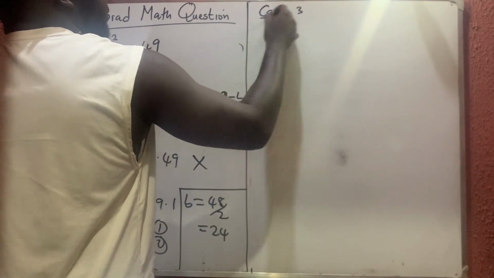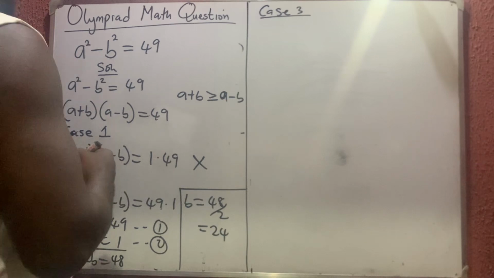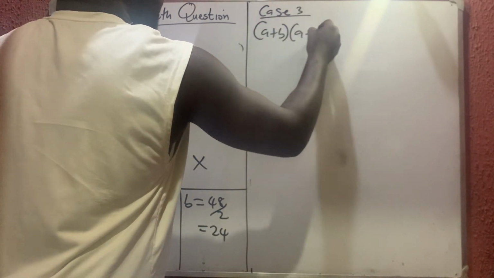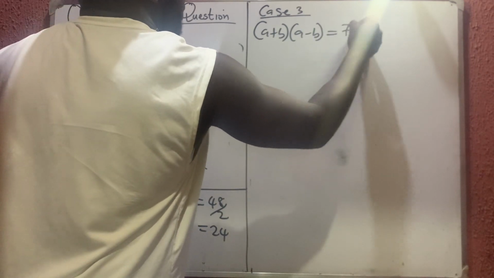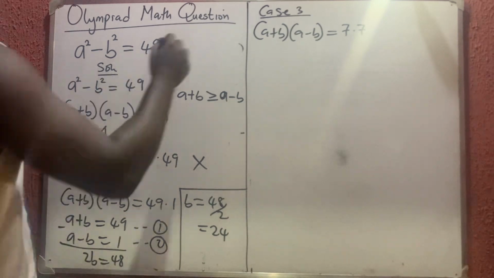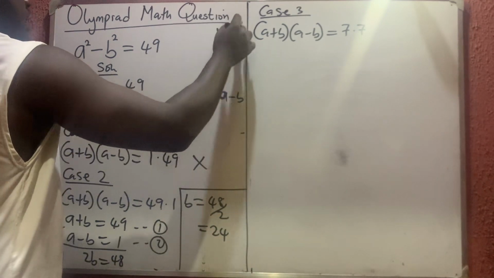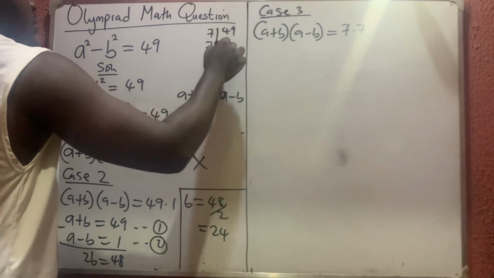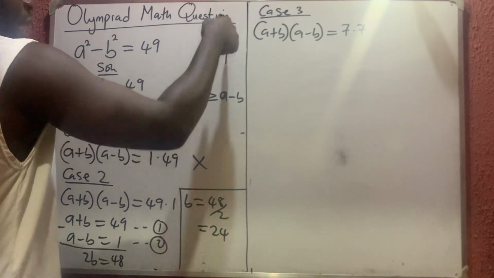Okay. So the next case, case 3, there are 3 cases here. Case 3 now, we say that A plus B multiplied by A minus B will be equal to 7 times 7, which will give us 49. If you look at 49, the only factors of 49 are 1, 7, and 49 itself.